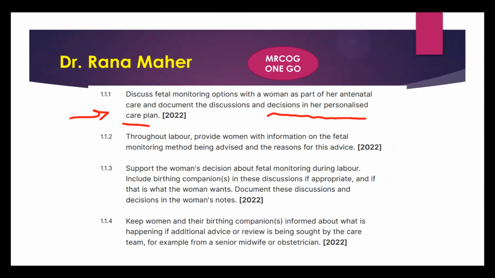Okay. And throughout the labor, we will provide the woman with information on the fetal monitoring method being advised and the reason for this advice. For example, you will offer CTG. Why will we offer CTG here? This pregnancy was a high-risk pregnancy, or we have any changes with the intermittent auscultation, so we need to offer this patient a continuous CTG. Okay?